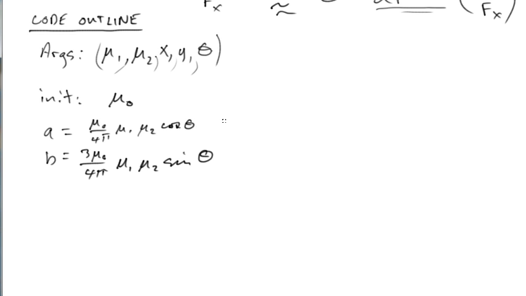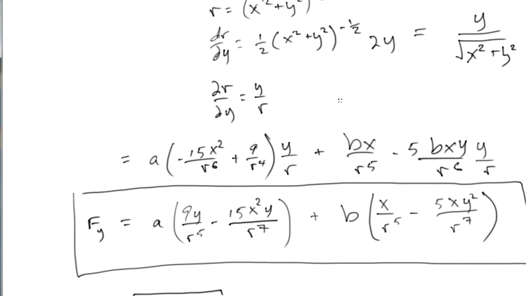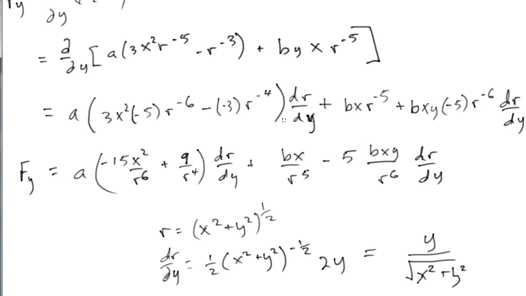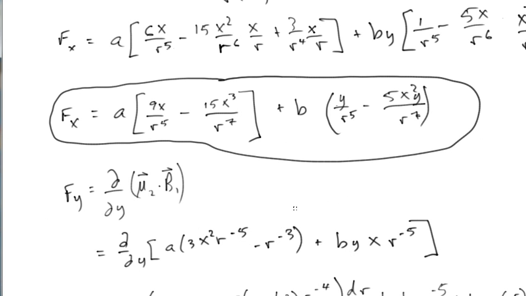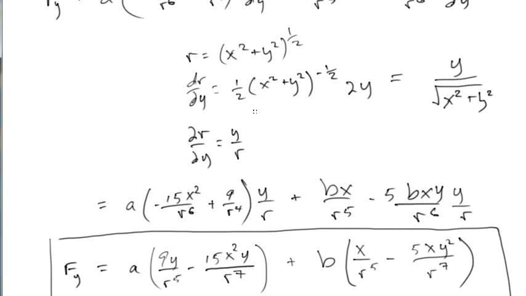Alright, so then I think we're ready to calculate what fx is. I think we got everything that goes into fx. Let's make sure. So where's fx? There it is. Let's get a copy of that down. Alrighty.